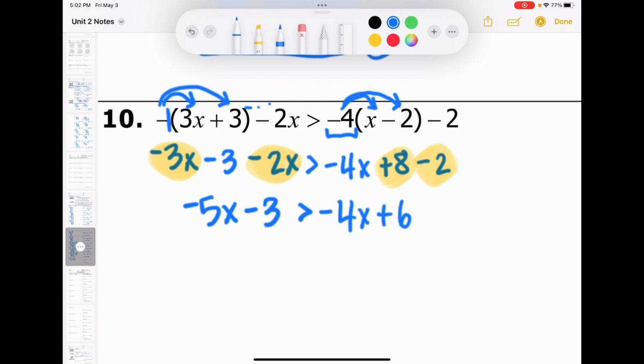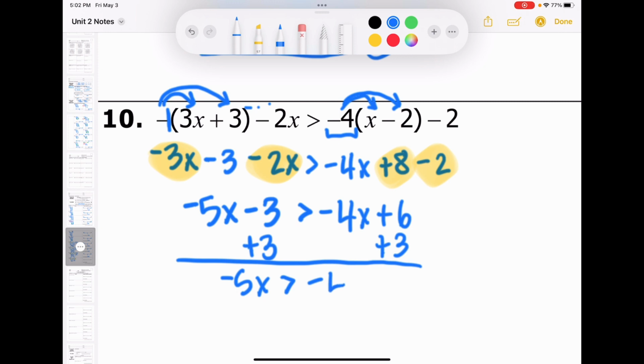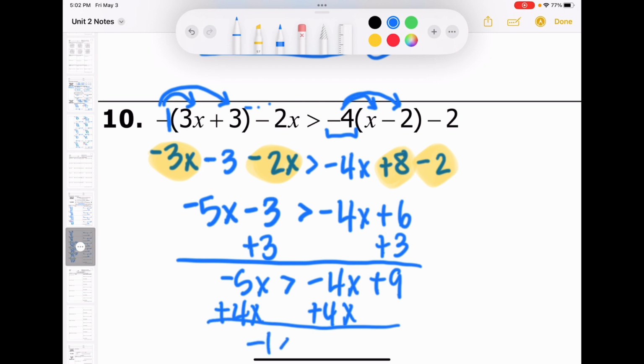Now I need to move all of my regular numbers to the right side. So to move this -3, I'm going to add 3 to both sides. Which gives me 9. And then to move that -4x to the left side, I'm going to add it. Which gives me -1x.